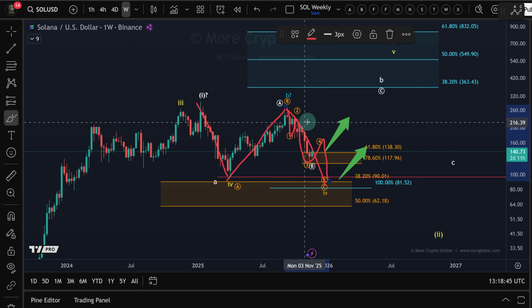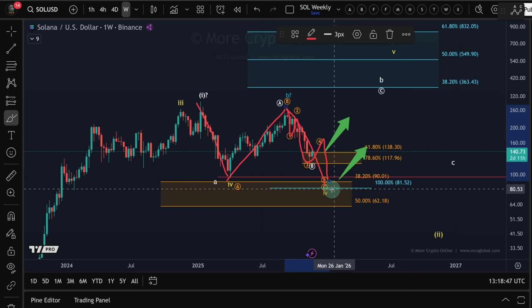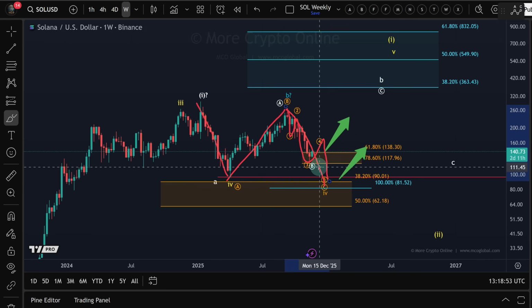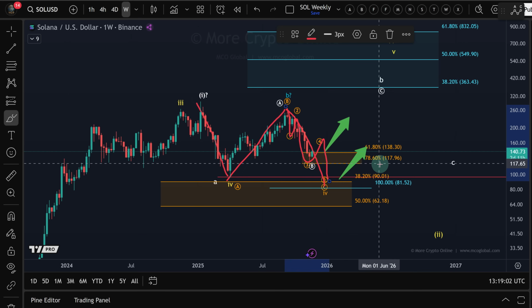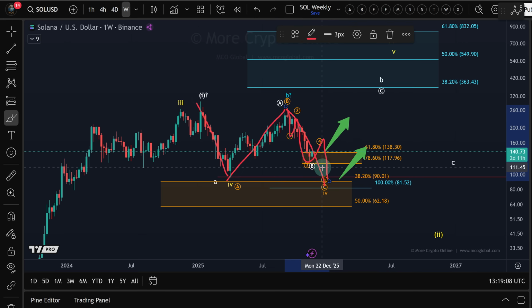So I can easily see this as an ABC structure to the downside, with wave C still unfolding in a 5-wave pattern. However, this will only become confirmed once we see a break below $118. That's the 78.6 retracement, and a break below means that we're likely heading for the 5th wave to the downside there. You will see that on the smaller time frame.